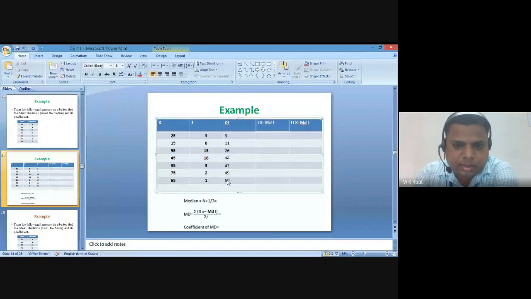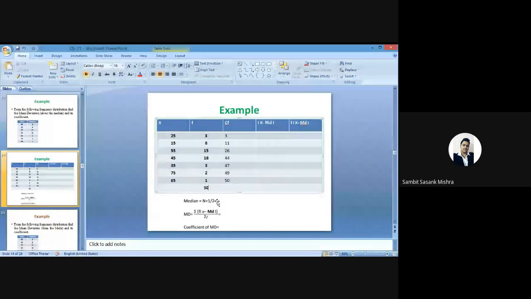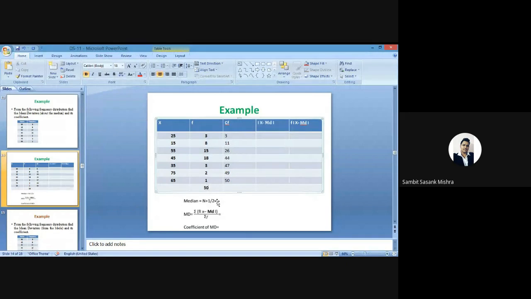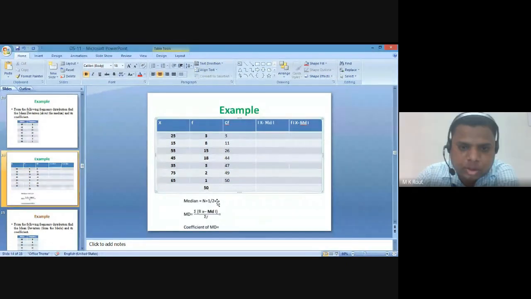In this case, what is the value of n here? 50. In case of median, it is the (n plus 1) divided by 2 th item, that is 50 plus 1 divided by 2. 51 divided by 2, how much?